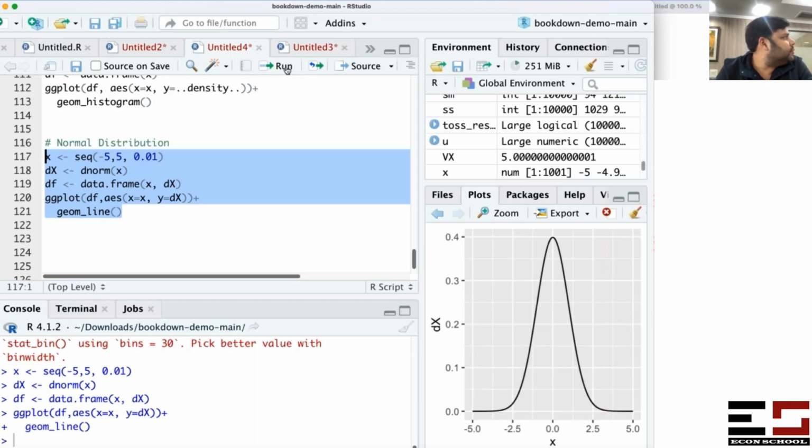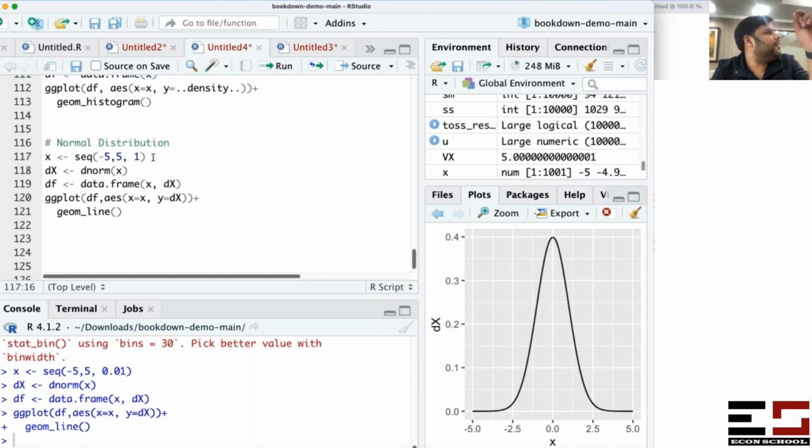Is that fine? Though it's actually a line plot. If you really think about it, it's a piecewise linear plot. If I don't create such finer, tiny steps, it wouldn't look like a curve. Because of these tiny steps, it looks like a curve. But if I change this to 1, it will not look like a curve.